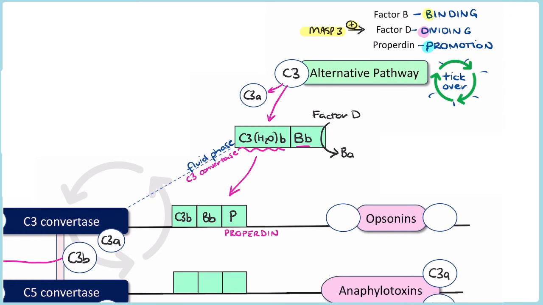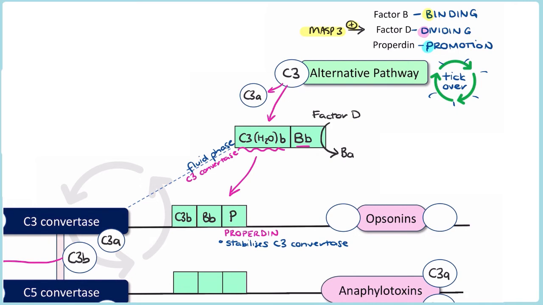P is for promotion, and properdin binds to this molecule to become C3bBbP, which is a much more stable version of C3 convertase, which resists breakdown by complement regulators and so remains active on the cell surface for longer. So the plot thickens.